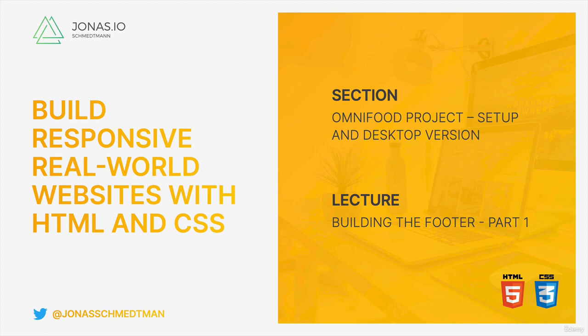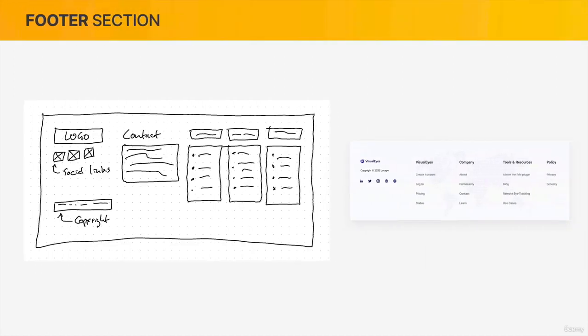Welcome to the very last section of the Omnifood website. And in this one, we're going to build a really professional looking footer like this one. So we're going to use this design example from the right side to build a somewhat similar looking footer. So in the first column, we will also have our logo, then some social links, and a copyright notice.